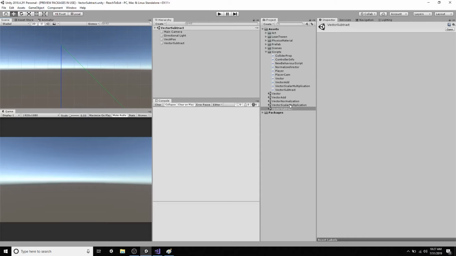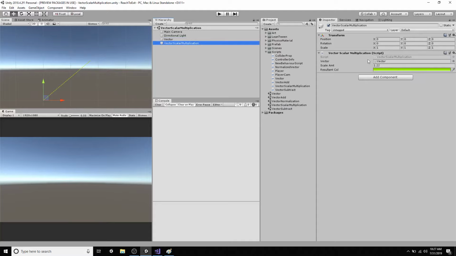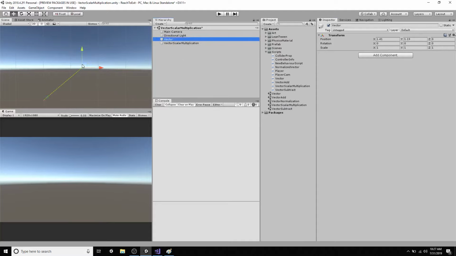And next we will go with vector scalar multiplication. Here I have kept a vector. Okay, this is a vector, and its start point is 0 and end point is here, that is this game object.